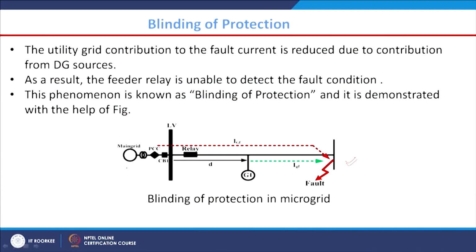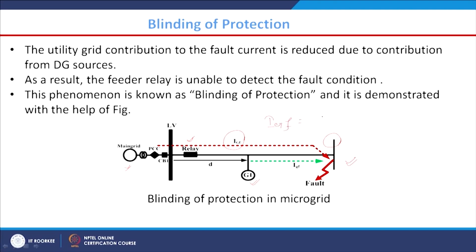Here we have this main grid and one DG is connected here, and the main relay is located near this substation. Now, a fault is created at this bus. For this particular fault, the current contributed by the grid is IGF.